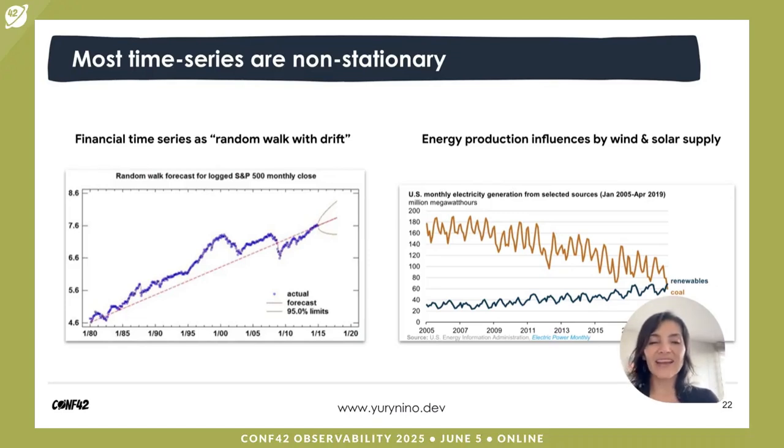I think that it could be confusing since we are not experts in machine learning techniques, but I think that is a good introduction to the topic. And the most important for solving the issue related to predictive cost management. For instance, financial time series often exhibit a random walk with drift behavior. Similarly, energy production is heavily influenced by factors like wind and solar supply, leading to dynamic patterns.